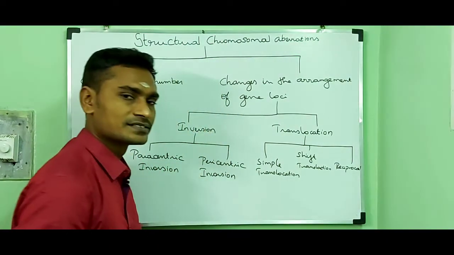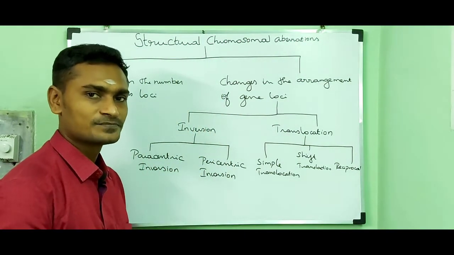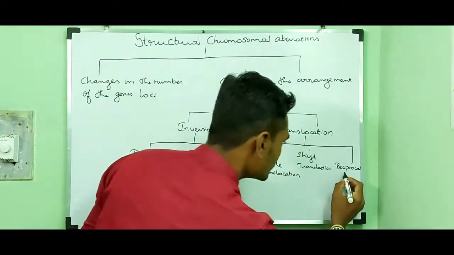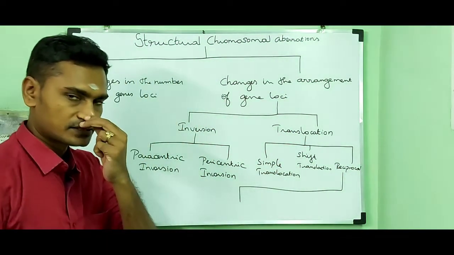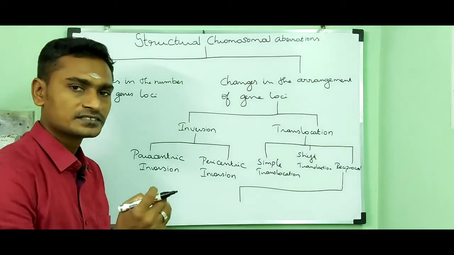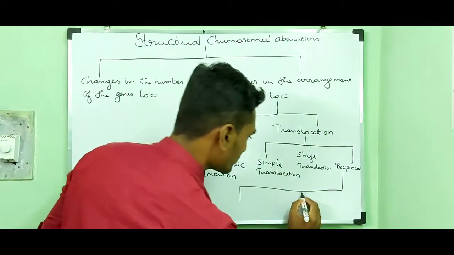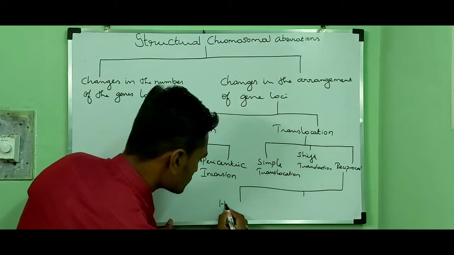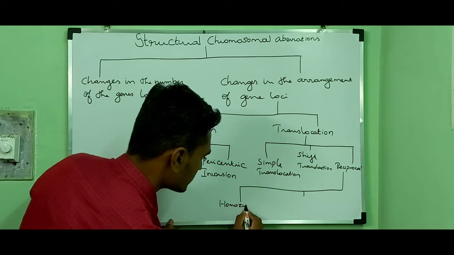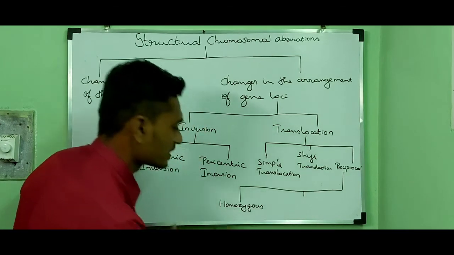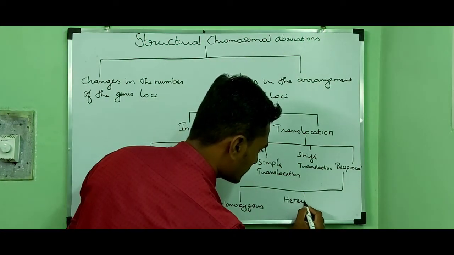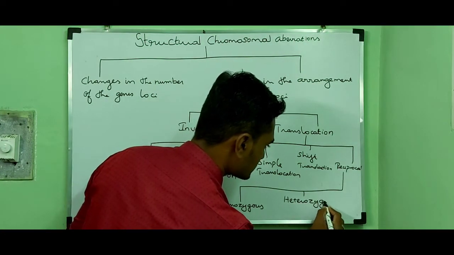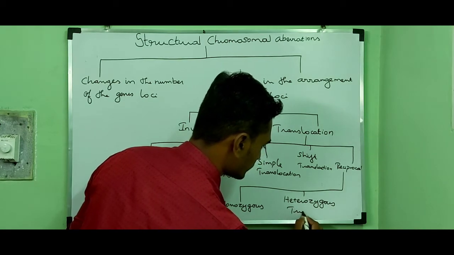Then the reciprocal translocation is again divided into two types. They are homozygous translocation and heterozygous translocation.